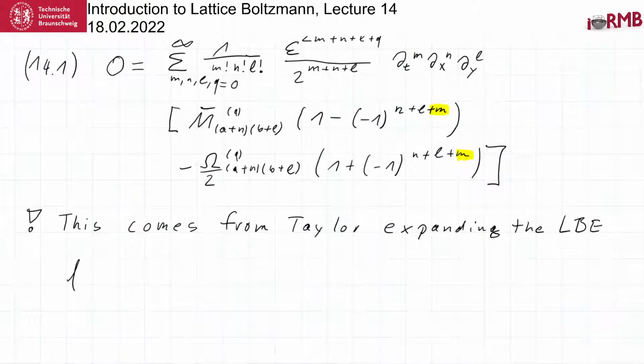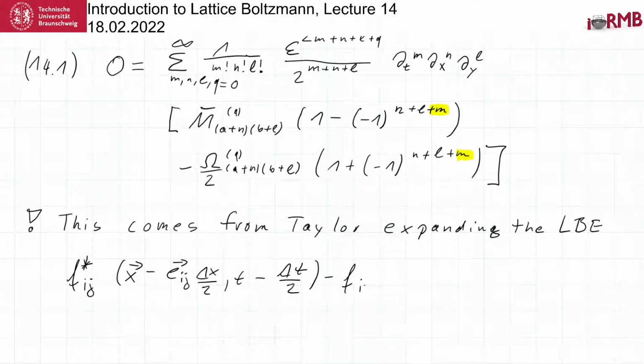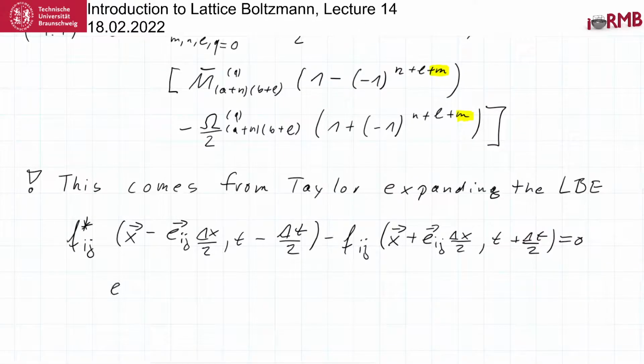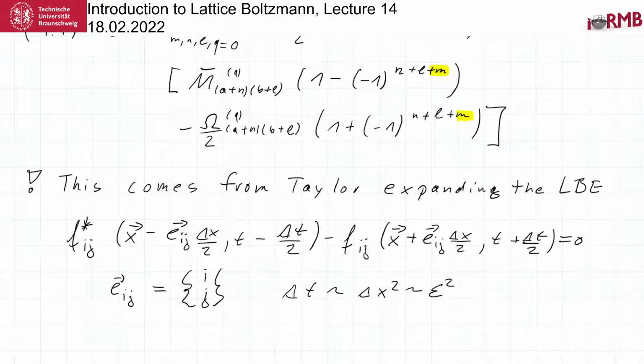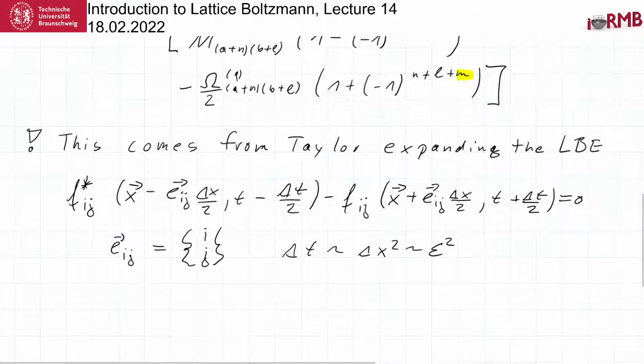This Lattice Boltzmann equation is the post-collision state of the distribution f_ij at position x minus e_ij delta x half and t minus delta t half, minus f_ij, the pre-collision state, at x plus e_ij delta x half, t plus delta t half, equal to 0, where we have this vector e_ij just being i and j, and delta t is proportional to delta x squared, and this is proportional to epsilon. So epsilon is our smallness parameter, and this is diffusive scaling.